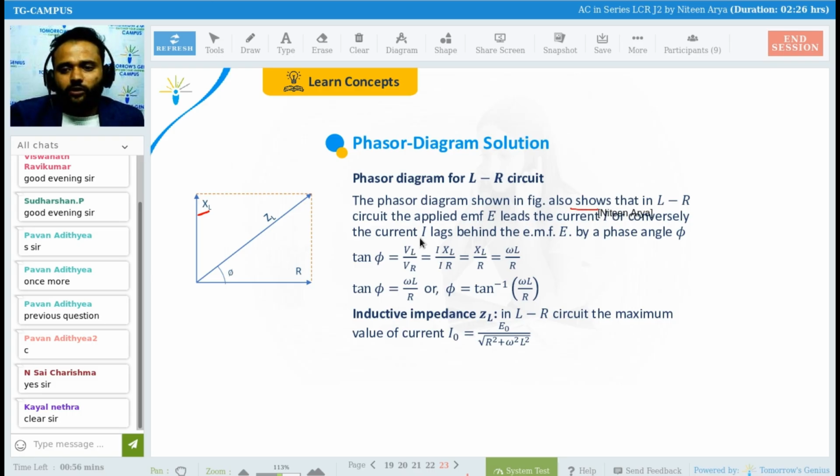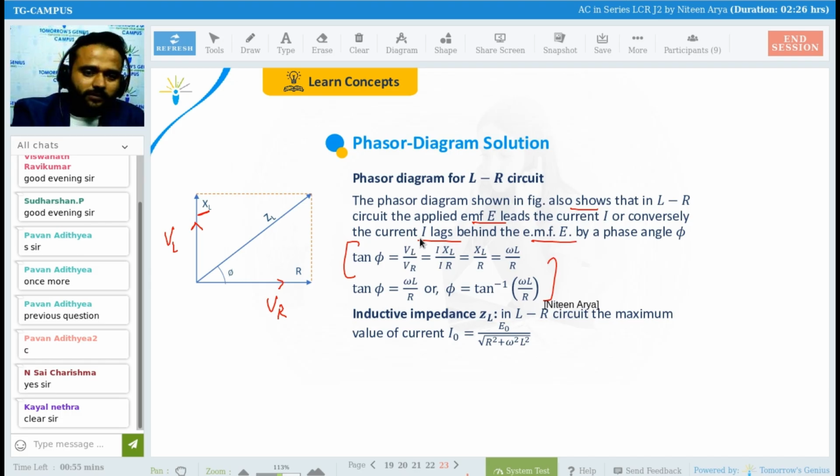The phasor diagram shown in the figure also shows that in the LR circuit, the applied EMF leads, and you can see that is your applied EMF across the inductor. So that is your VL. Here we have VR. The EMF leads the current I, or conversely, the current I lags behind the EMF E by a phase angle phi, where tan phi is VL upon VR, which is I XL upon I R, the I cancels. So that is simply XL by R. And that is very important.